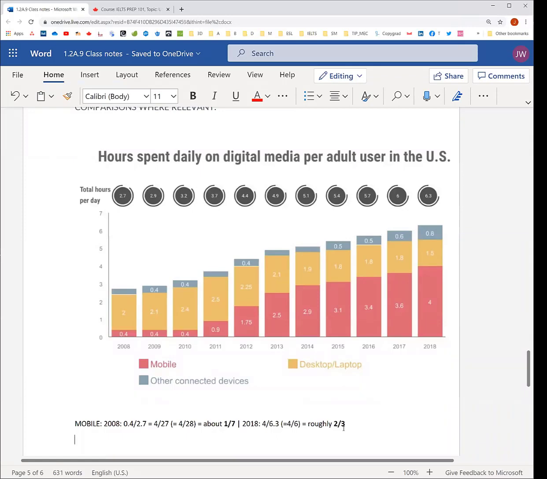If we write it in percentages, how much will be the percentage? Will it be equal to 14%? Well, my point in showing this is that you don't need to worry about that. So yeah, it would be about 14%, but if your brain just gets fried because of stress or you just can't do it, just leave it as 1/7, and leave this one as 2/3.